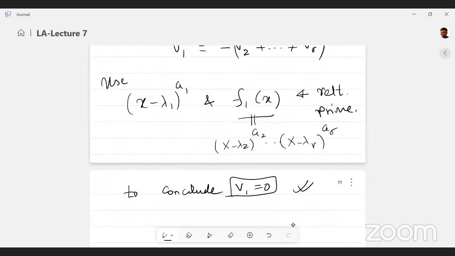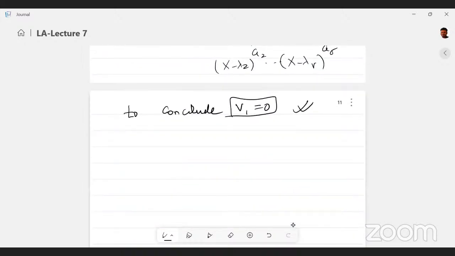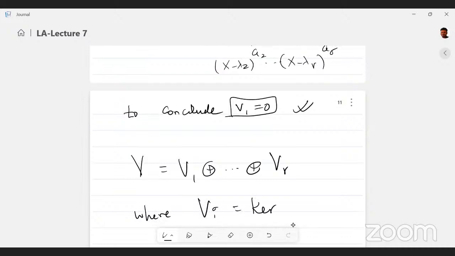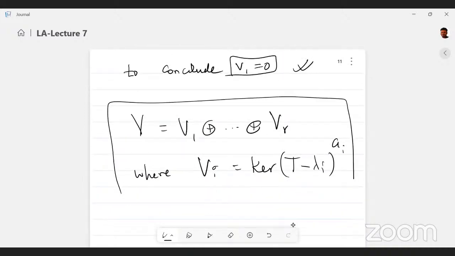And that proves that V can be written as V1 direct sum etc. direct sum Vr, where this Vi is nothing but the kernel of T minus lambda I power ai.